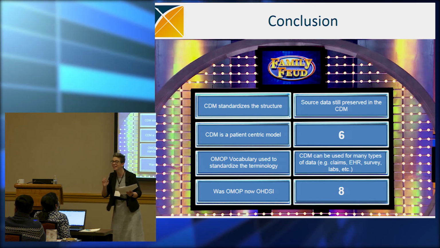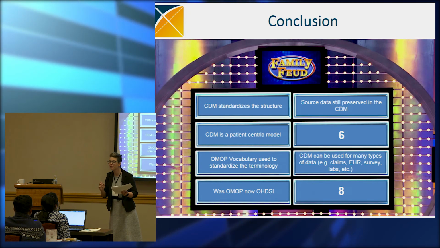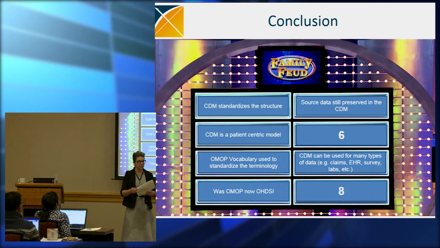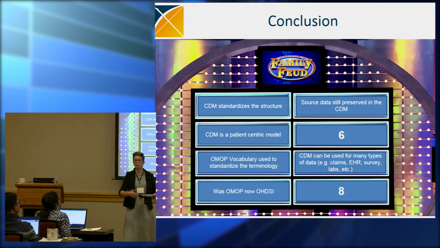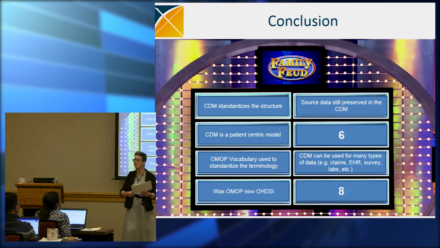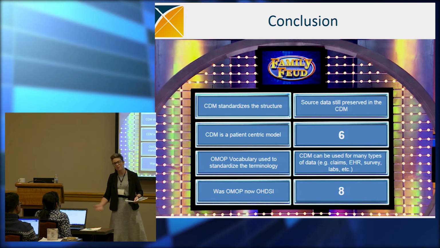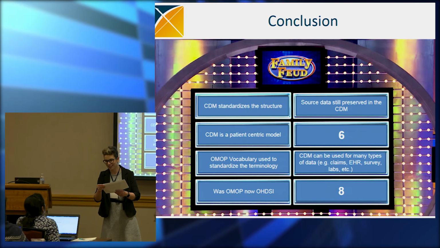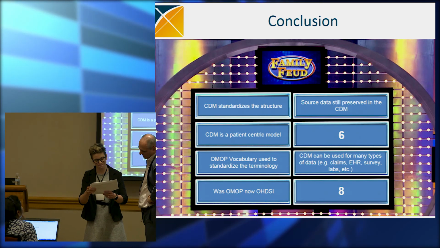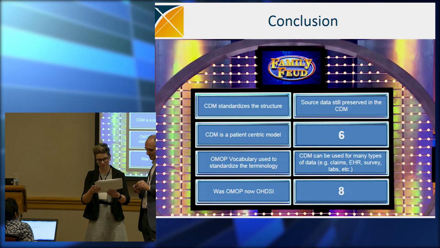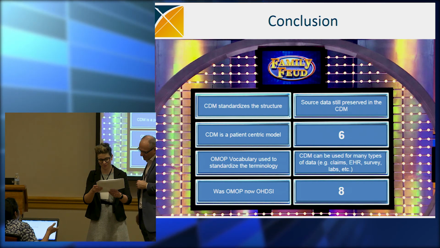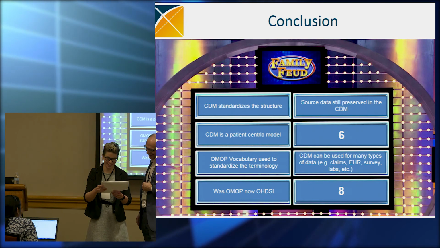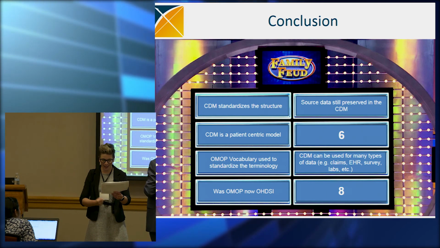The concepts are extensible. We improve the vocabulary all the time. That is true. Not one of the prizes. CDM is standard? OMOP model is lazy. You extract a lot of information from other people. You guys are almost there.